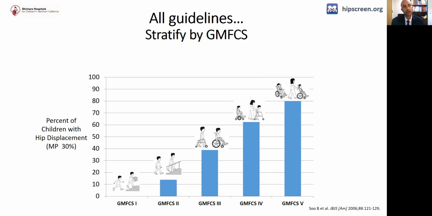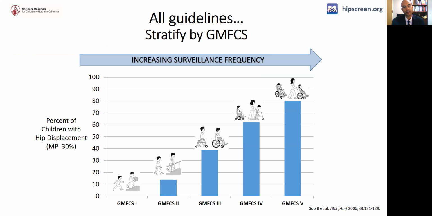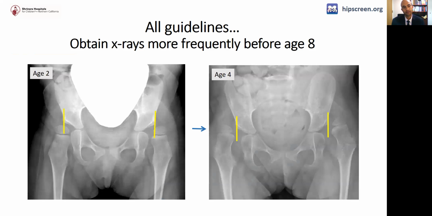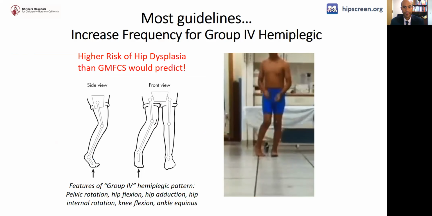All of the guidelines stratify the frequency of surveillance by gross motor function classification system, knowing that the percentage of children with hip displacement is higher in those with higher motor impairment, and so the hip surveillance frequency should be more. Additionally, all guidelines will obtain X-rays more frequently before age 8 so that the hip displacement can be caught early and treated more effectively.